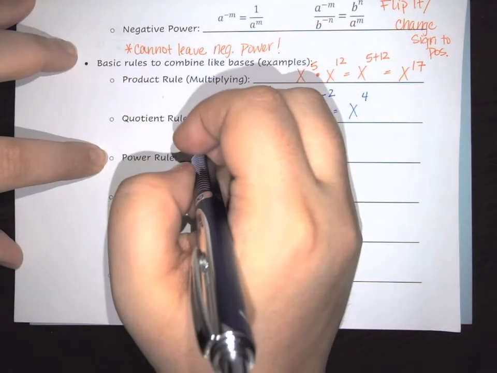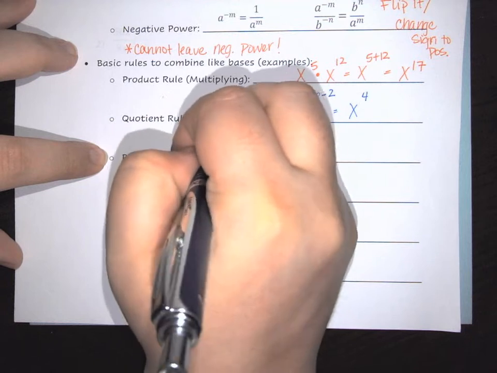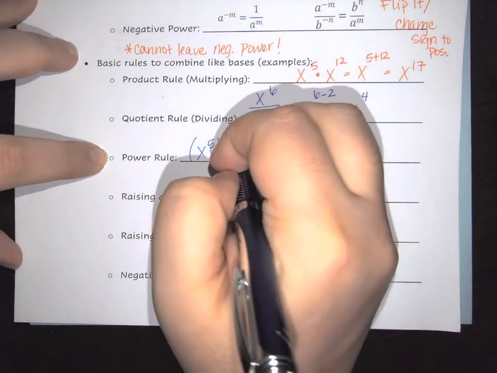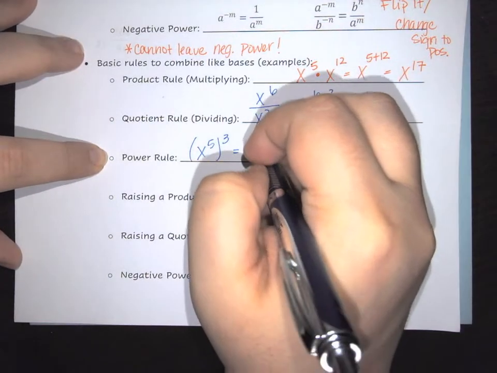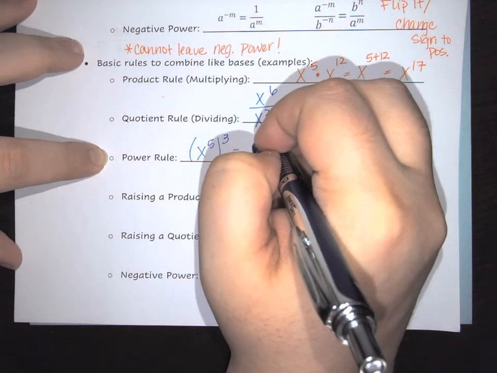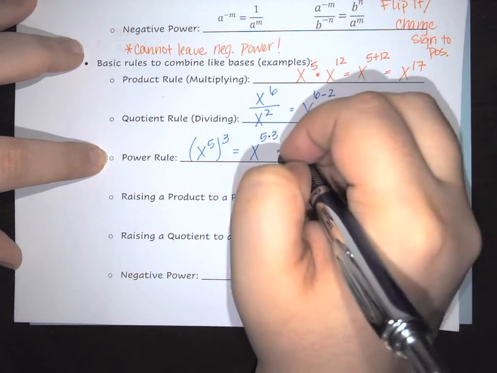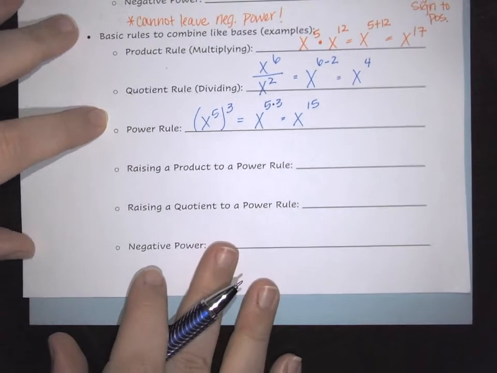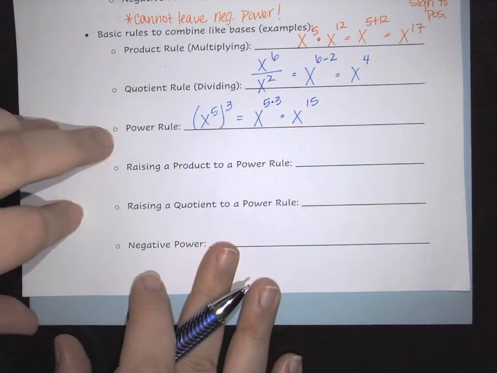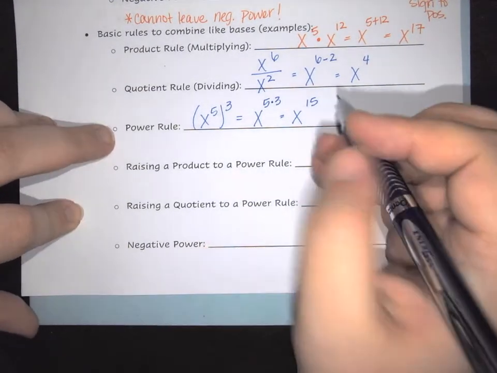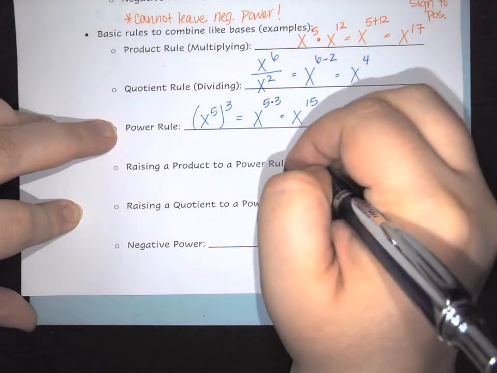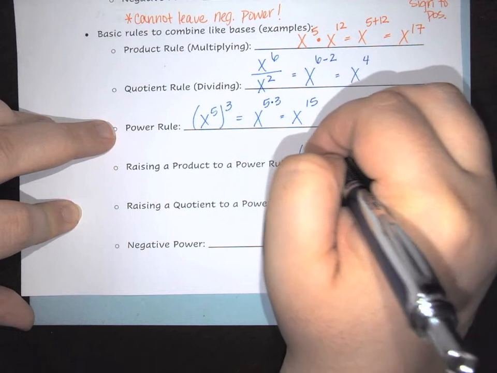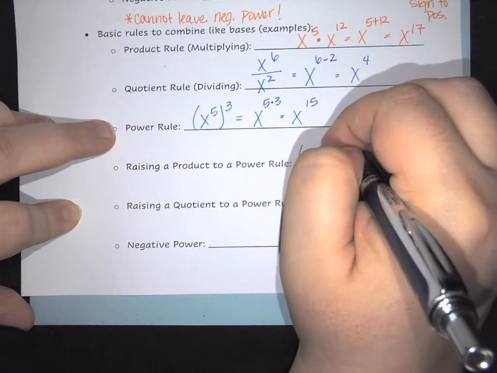The power rule would say what happens if I had x to the 5th and then I'm taking it to the 3rd. Okay, so in this case, we would multiply. We keep the base, and then this would be 5 times 3, which is going to give you x to the 15. Raising a product to a power is simply going to mean that, let's say I had 4 x to the 7th, and then I'm going to take this up to the 3rd.